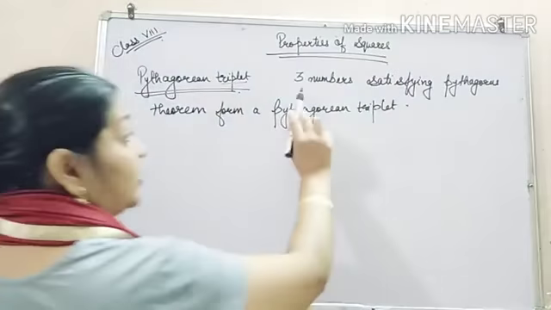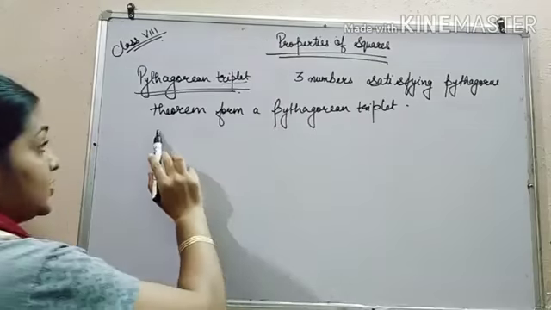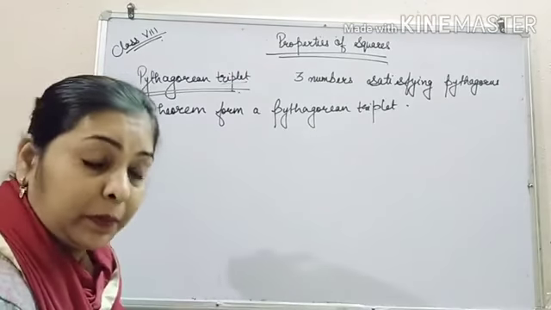Okay. Three numbers satisfying Pythagoras theorem form a Pythagorean triplet.